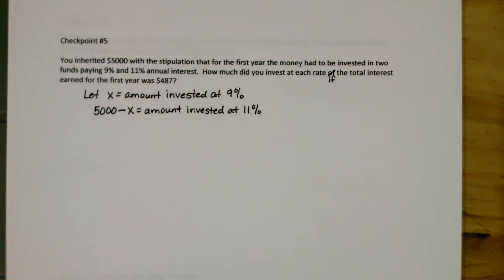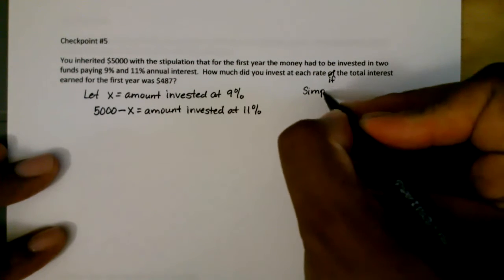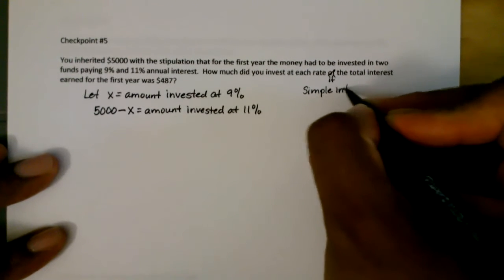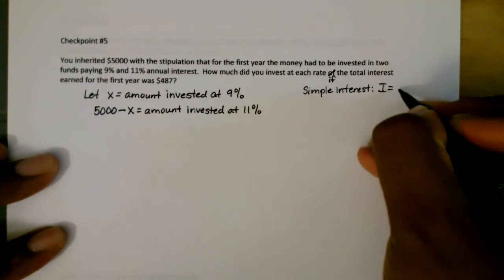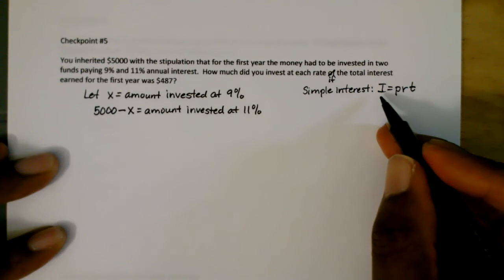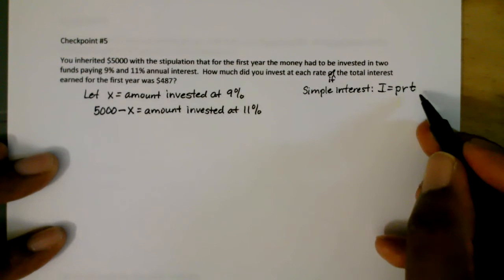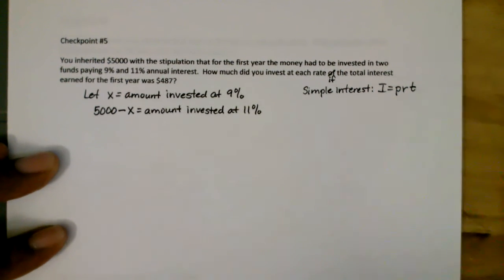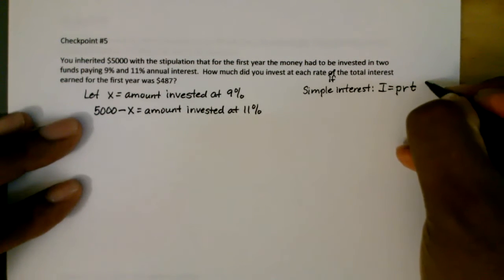Now, there's something that you do need to know about the simple interest formula. As always, I is equal to P times R times T, where I is the interest, P is the principal, R is the interest rate, and T is the time. Now we're dealing with interest earned for the first year. So that means that T is equal to 1.